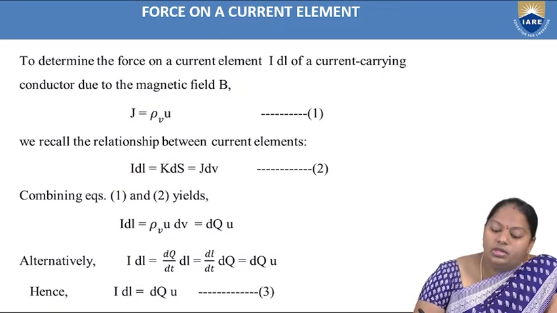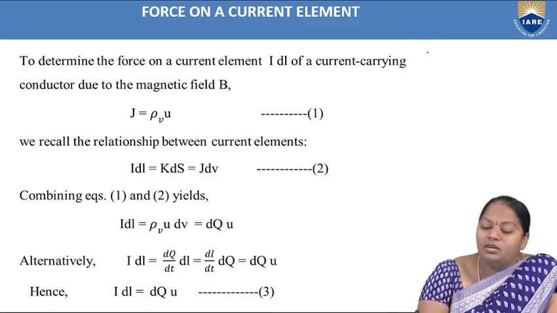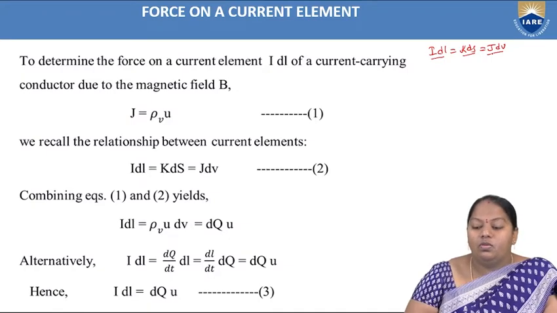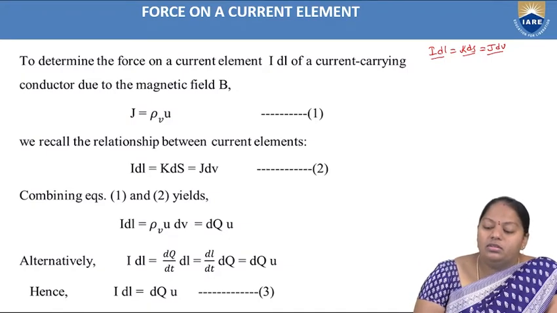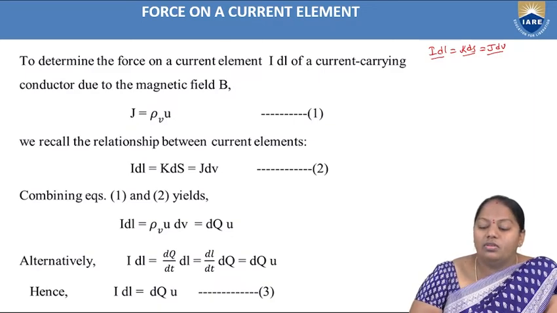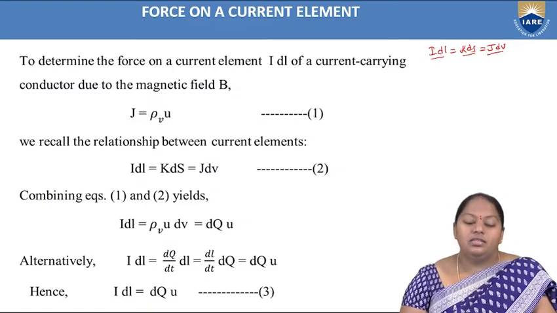By default we know there are three current elements in the magnetic fields: IDL, KDS and JDV. IDL is for line, KDS is for surface and JDV is for volume. Keep in mind that the relation between the three current elements in the magnetic fields is IDL equal to KDS equal to JDV.